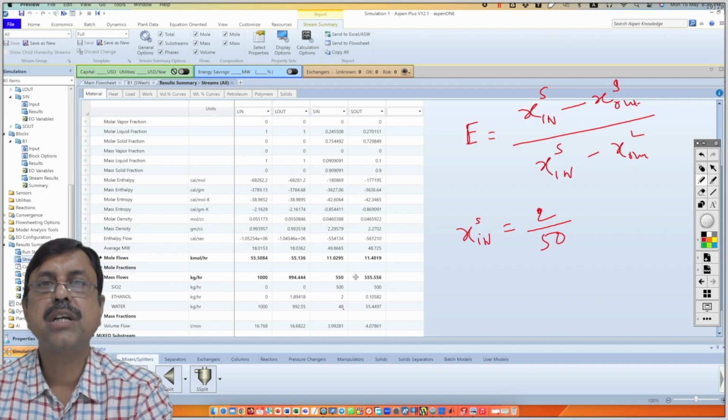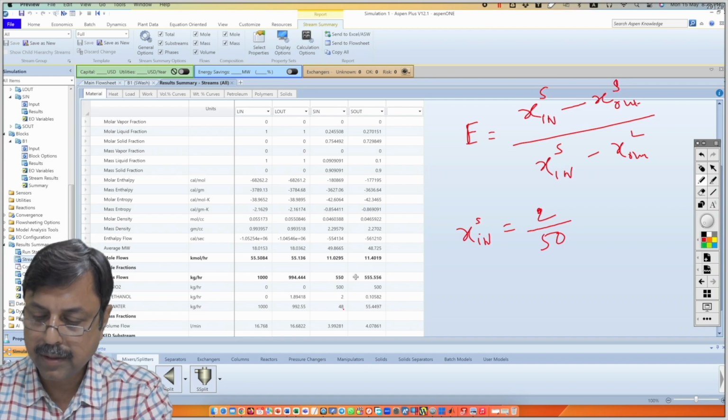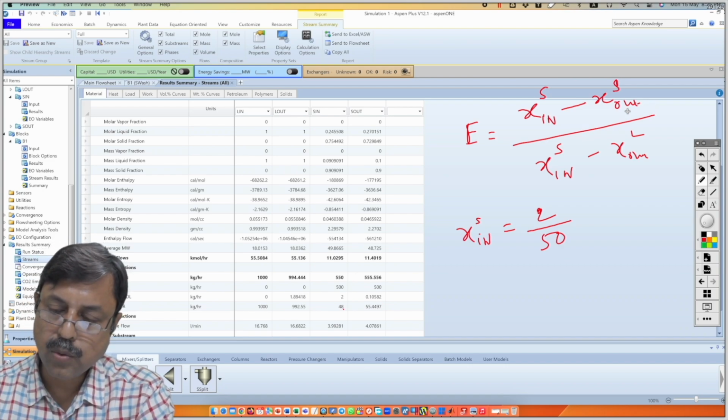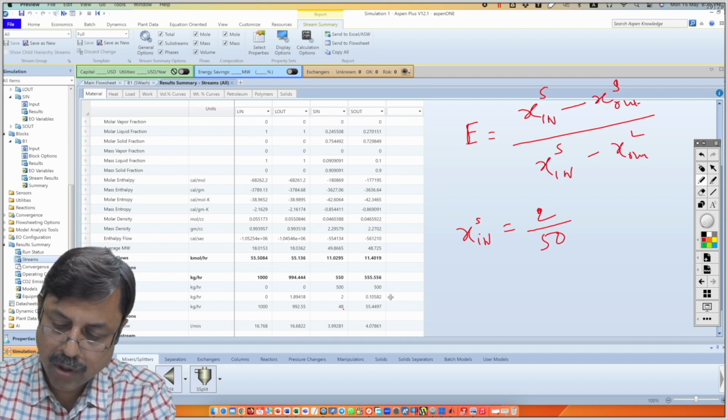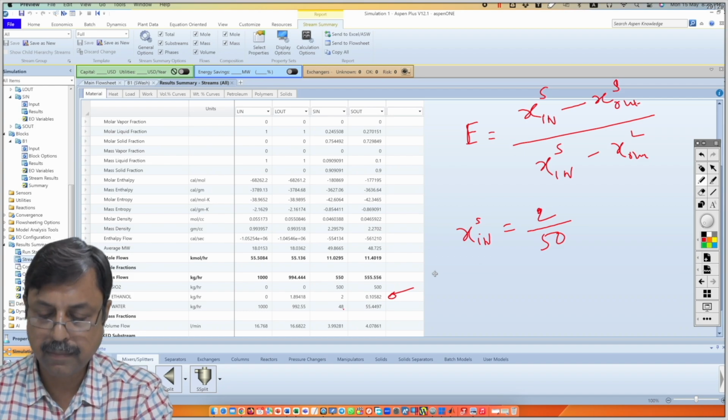So the mass fraction of dissolved component in the liquid is 2 by 50. And what is the mass fraction of dissolved component in the liquid coming along with the solid stream?